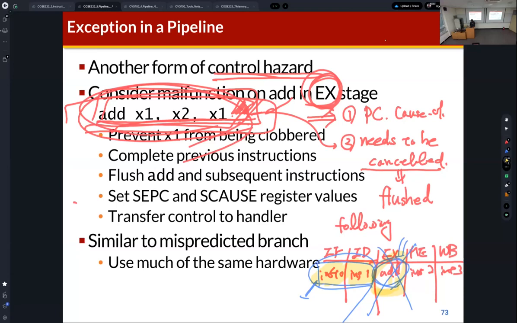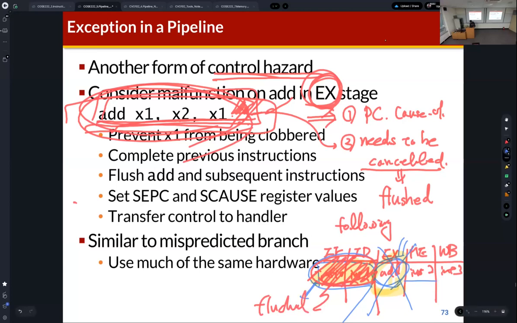But because of the pipeline architecture, these following instructions are incorrectly fetched and stored in the pipeline stages. So these following instructions also need to be cancelled. You understand? So they are also flushed.